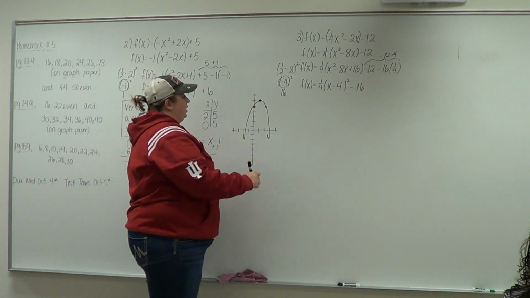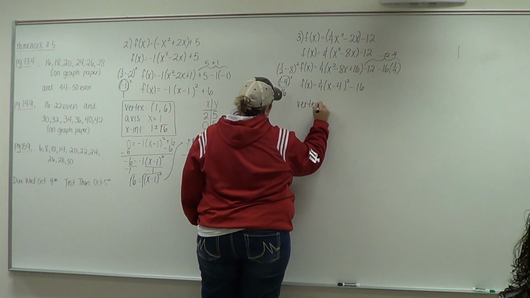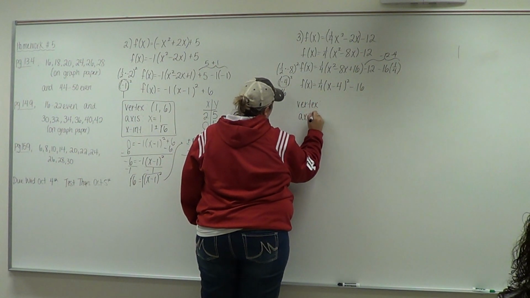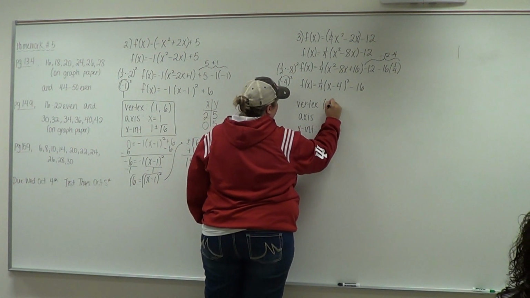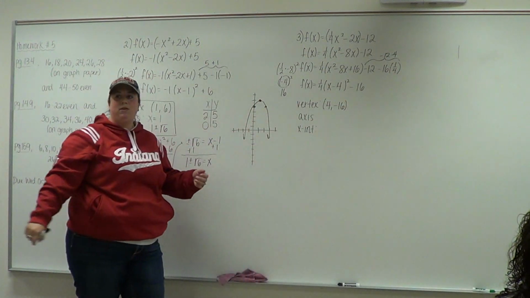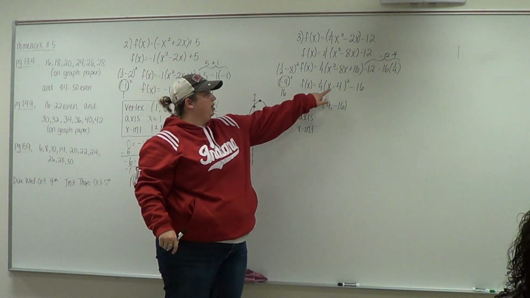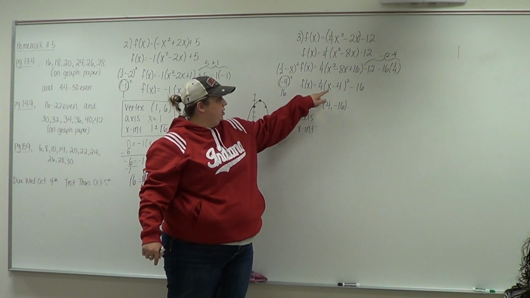Okay, what would my vertex be? Not all at one time. 4, negative 16, good. You always change the inside number. So what if that was a positive? What if this was x plus 4? Then this would be negative 4. Okay, you always change.